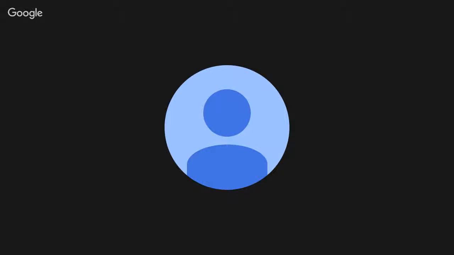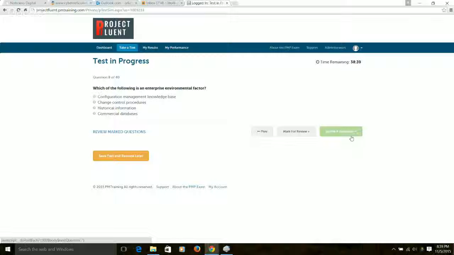Question number 8. Which of the following is an enterprise environmental factor? Configuration management knowledge base, change control procedures, historical information, commercial databases.